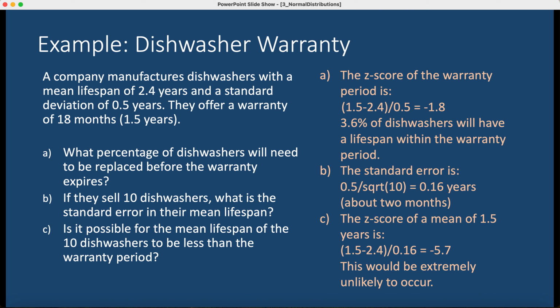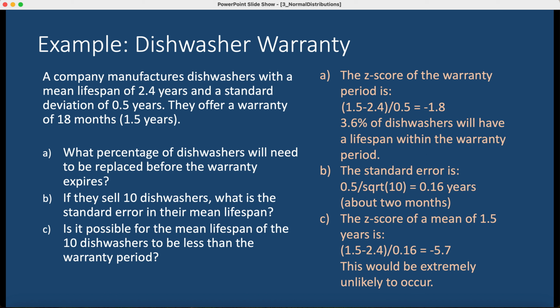You could get 10 dishwashers that are just very, very poorly made, and they all fall in that less than 18-month lifespan, and all need to be replaced. By chance, that could happen. But how likely is that? What's the variation if you have 10 different dishwashers?